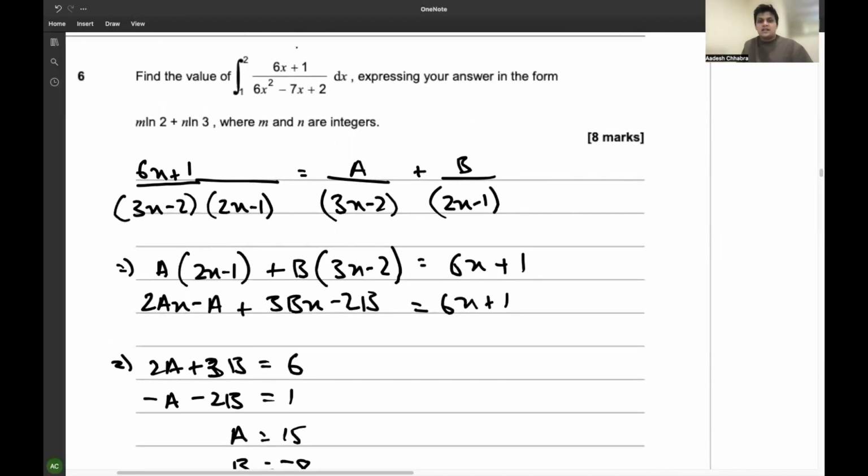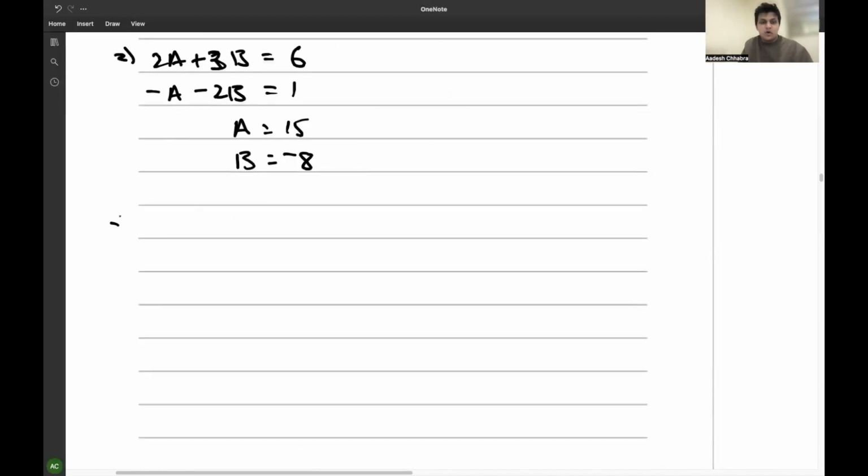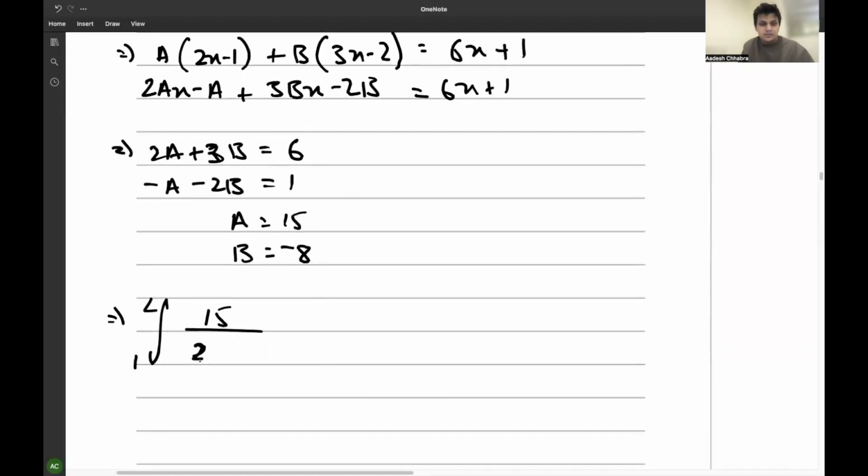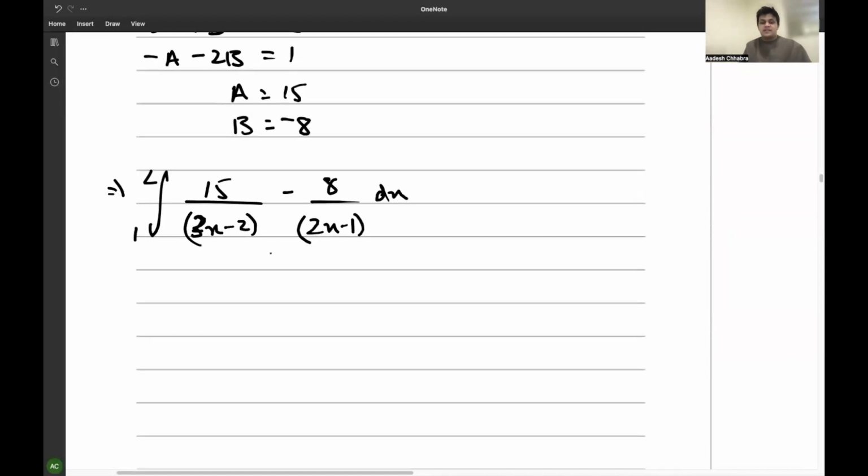That thus means that this integral has changed into the form of the integral from 1 to 2 of 15 by 3x minus 2 minus 8 upon 2x minus 1 dx. So we can go ahead and split this integral.